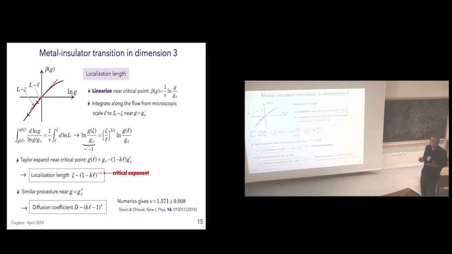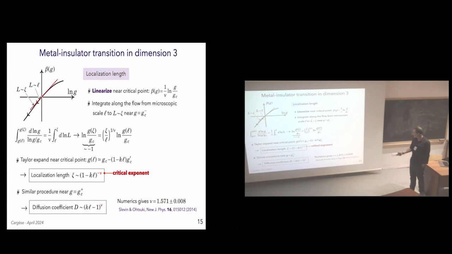Of course, all these reasonings are a bit phenomenological, so the scaling theory cannot tell you anything about the value of nu. We know it only from numerical simulations. It's approximately 1.71.